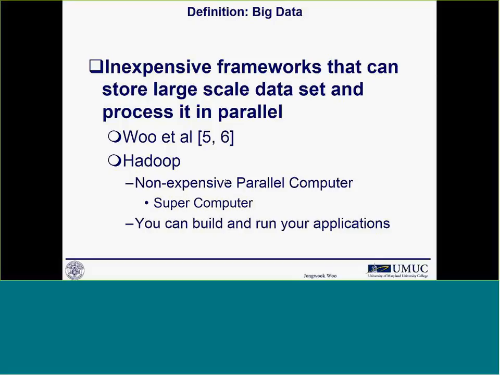So before, to own a supercomputer, you needed to spend millions of dollars, and normally only governments owned it.